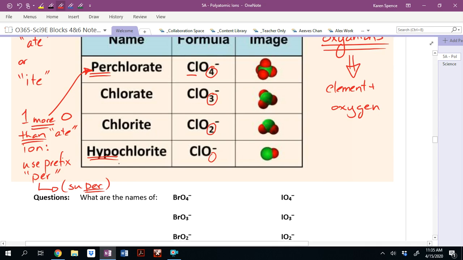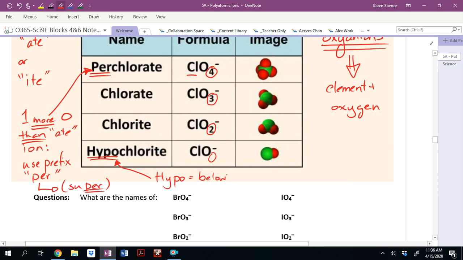Now, hypo, if you think of the word hypothermic, that means your body temperature is below its normal temperature. If you get a hypodermic needle, that means that needle is going to go under your skin. That's what hypo means, below. Oh, by the way, dermis, that's the technical scientific term for skin.